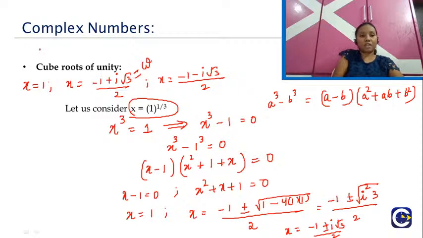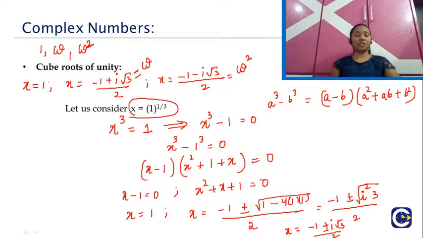Right, so what will be my roots here? That means 1, and instead of writing minus 1 plus i root 3 by 2, I am going to represent that with the symbol omega, and the other one, minus 1 minus i root 3 by 2, is represented by omega square. So now what are my roots for this cubic equation? They are nothing but 1, omega and omega square.